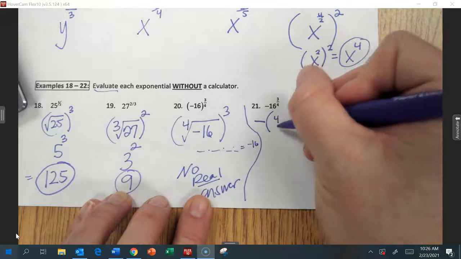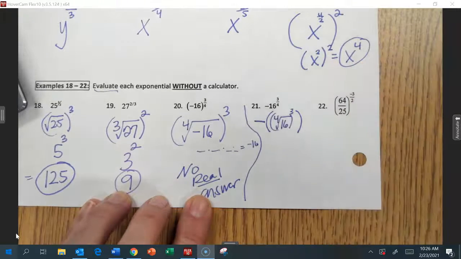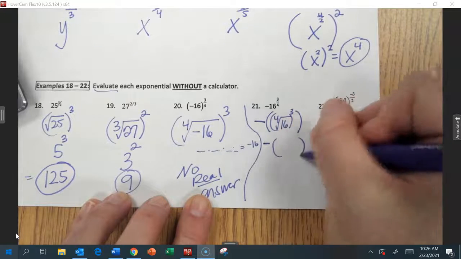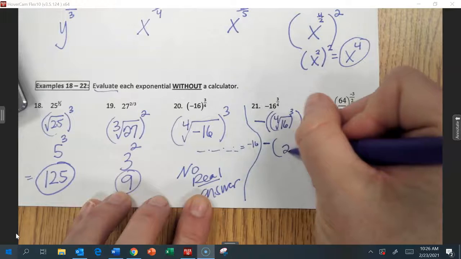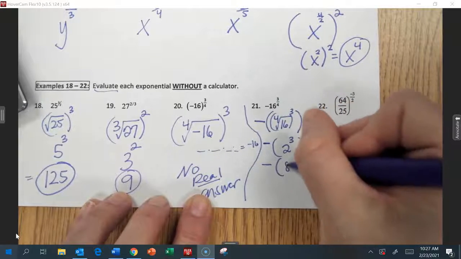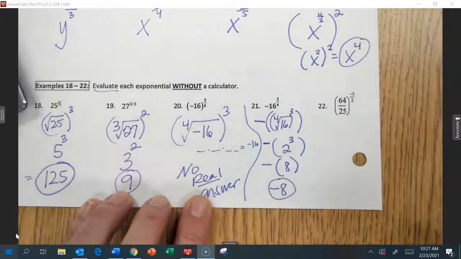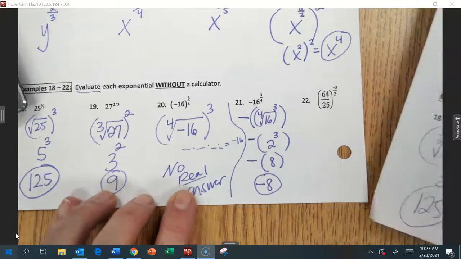So that would be the 4th root of 16 to the 3rd power. So I still have this negative out front. The 4th root of 16 is 2. Still have that negative. 2 to the 3rd is 8, and negative times 8 is negative 8. So just kind of keep everything consistent and aligned.